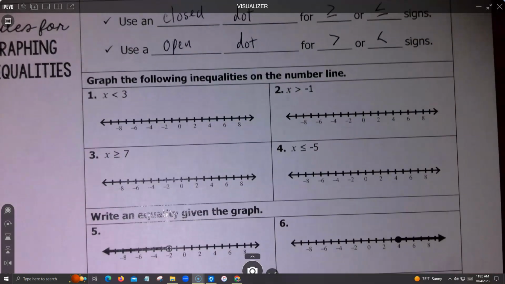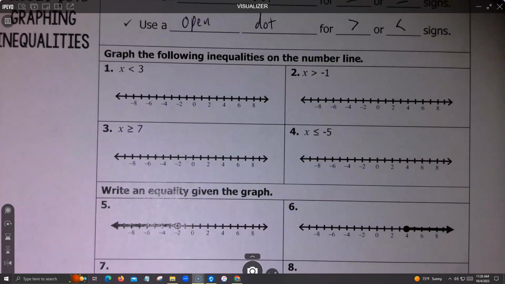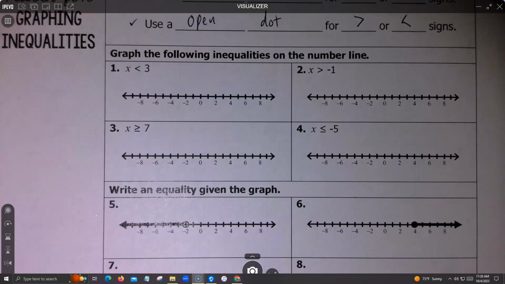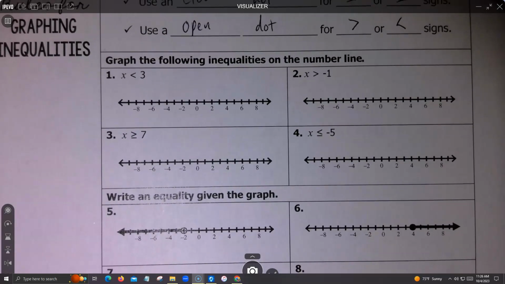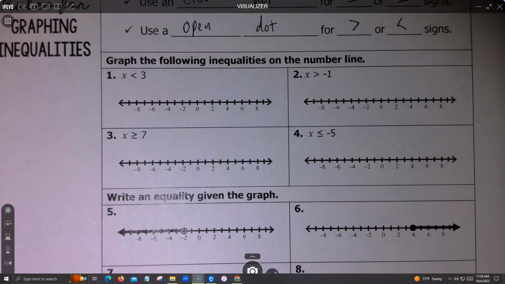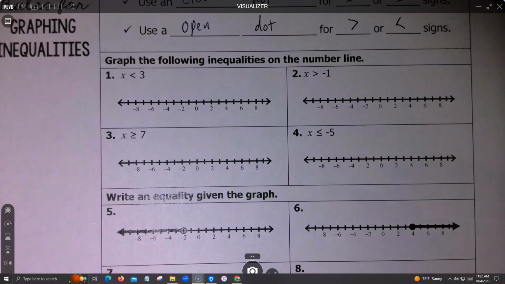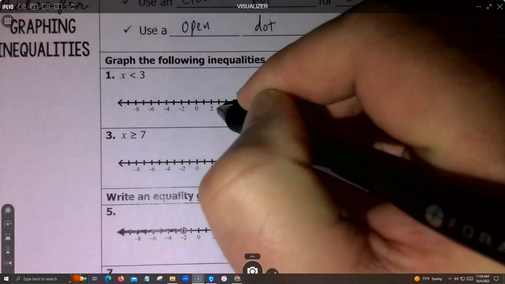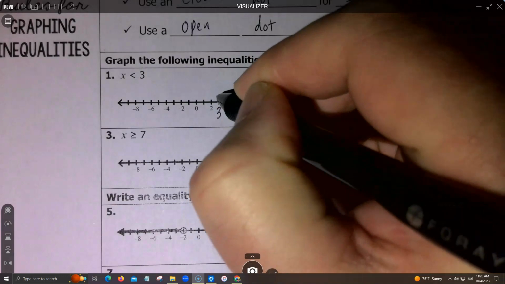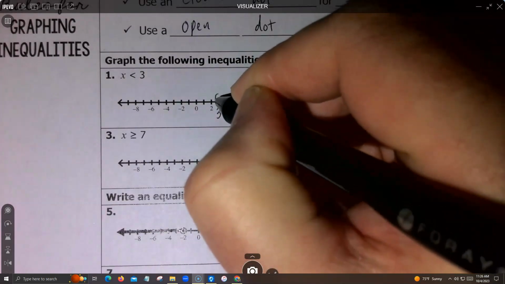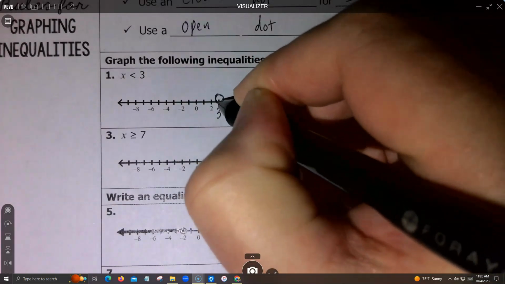All right, so the first thing we're going to do is graph several of these just to see what it looks like. All right, so first thing we're going to do is it says x is less than 3. And less than 3, so here's the 3 right here. Because I didn't say equal to, I'm going to put an open dot on the 3.